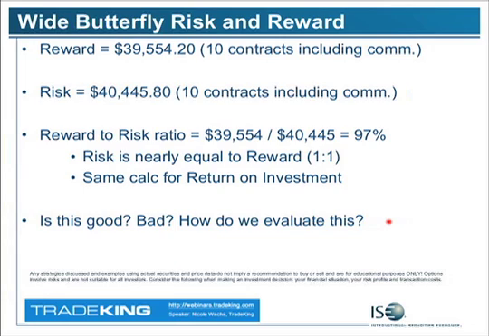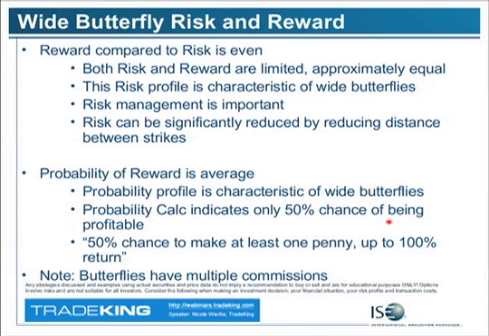Okay, well, this is where that probability factor comes in, that third part of the three-legged stool. So to give this some perspective, a wide butterfly trade constructed in this style is pretty par for the course. This is what you would encounter normally, and we call this an even risk to reward. That means those numbers are fairly close to each other.